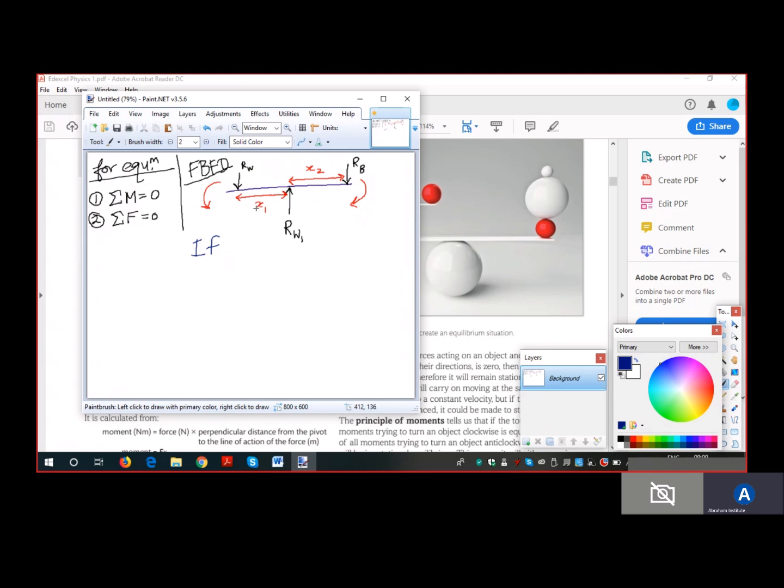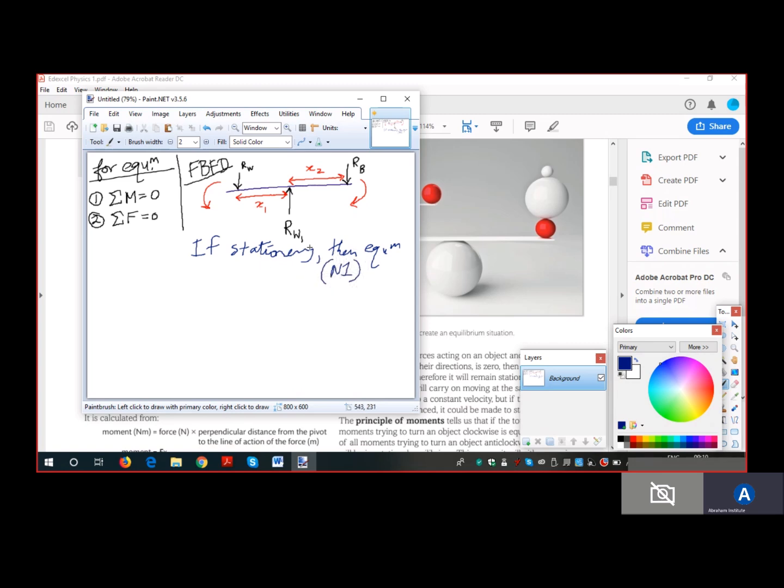So if this plank is stationary, then we know it is in equilibrium by Newton's first law. N1 means Newton's first law. Some mark schemes use this N1 to indicate Newton's first law.